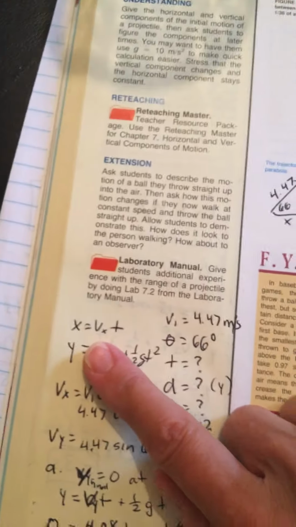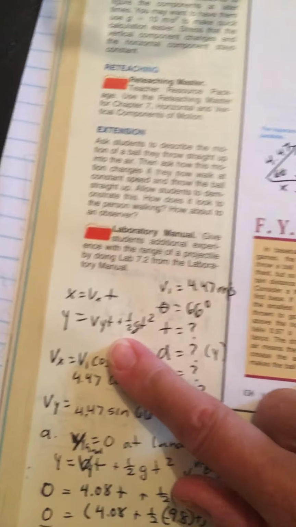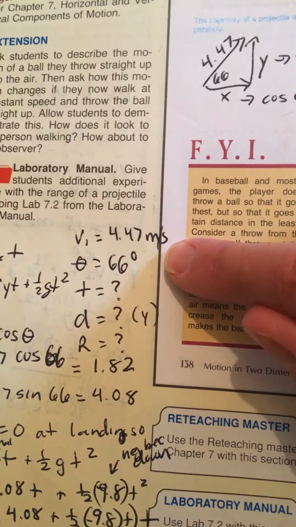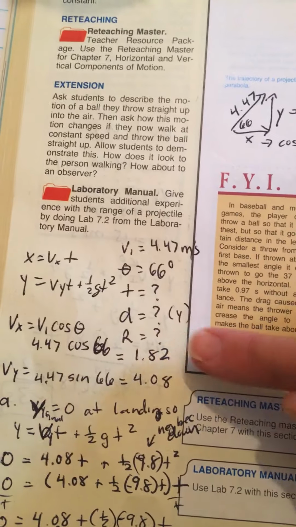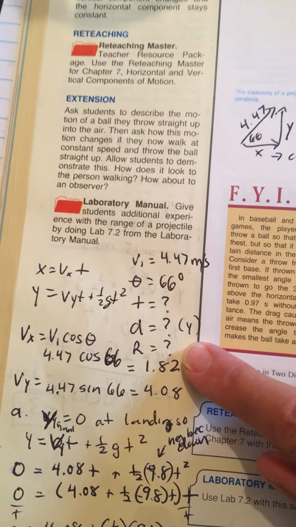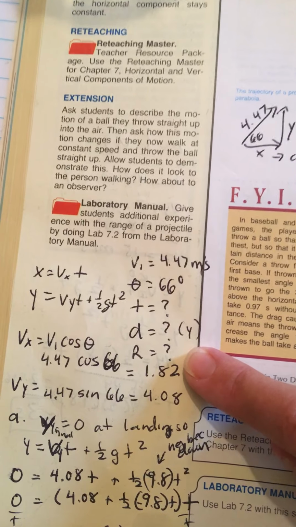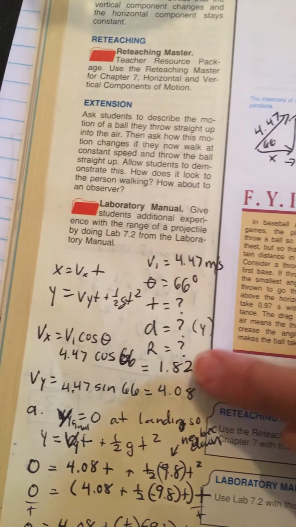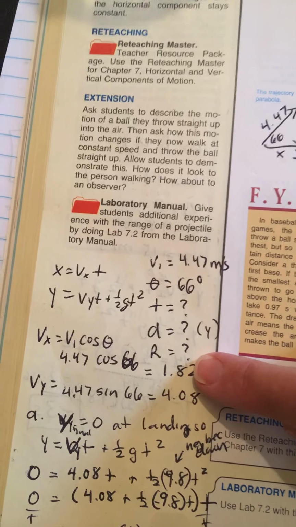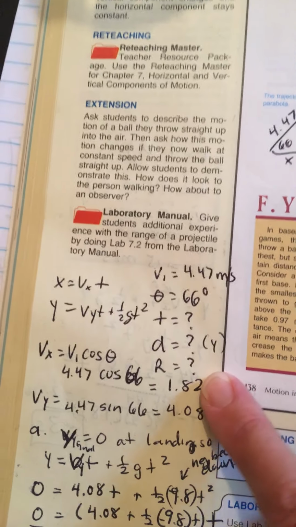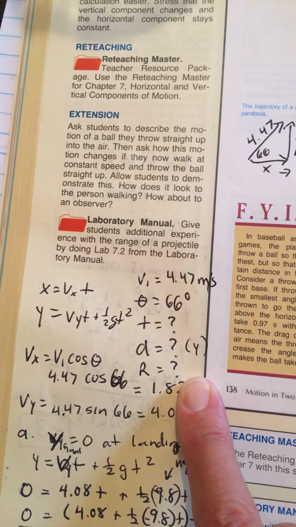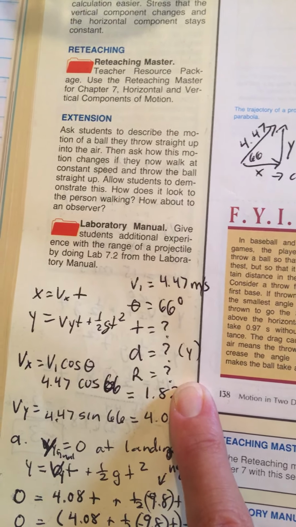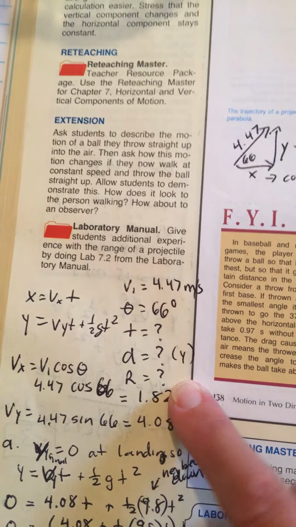Okay, so we know the formula for X. We know the formula for Y. We know the initial velocity. We know theta. We don't know the time. We don't know the distance. So the distance is the Y going up. I think they're going to ask us for some more stuff: how long, how high it flew, and what its range was.